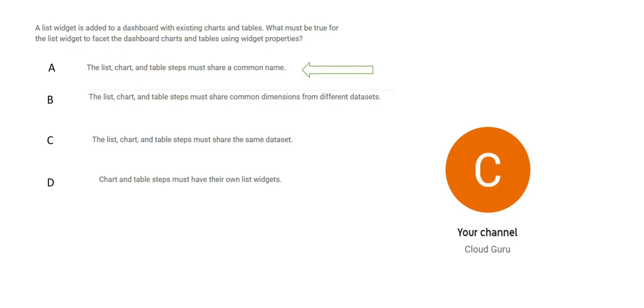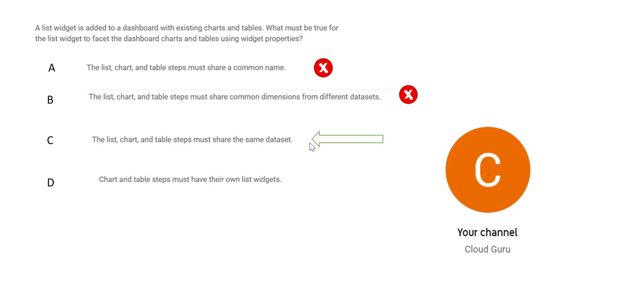So A is wrong. Let's see B. It says they must share common dimensions from different datasets. No, they have to be from the same dataset. So B is wrong. It cannot be different datasets. Now let's see option C. List, chart, and table steps must share the same dataset. That is perfectly right.